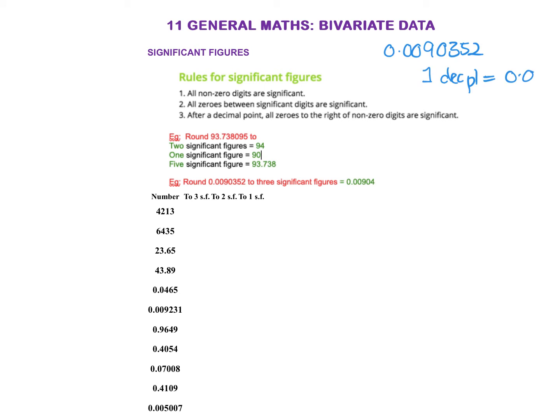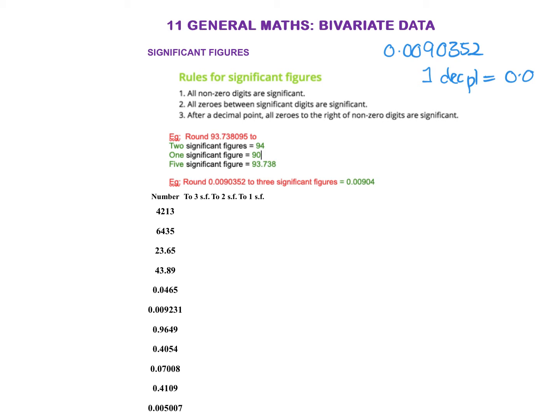It's not 0. There is a number there. Yes, we're talking about small numbers, but that might be what we're looking at, like the amount in an injection. We'll have micro numbers, small numbers, so it isn't right to say 0, and we need to see those numbers. So this is an example where significant figures will come in.